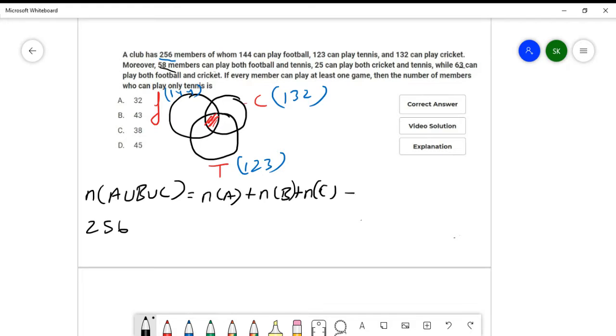Then subtraction of this part. Now what represents this part? See, this total convex shape represents the total football and cricket. That means 63 members. This green area is represented by number 63.